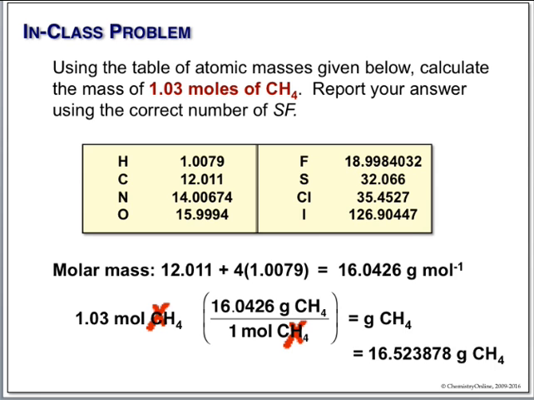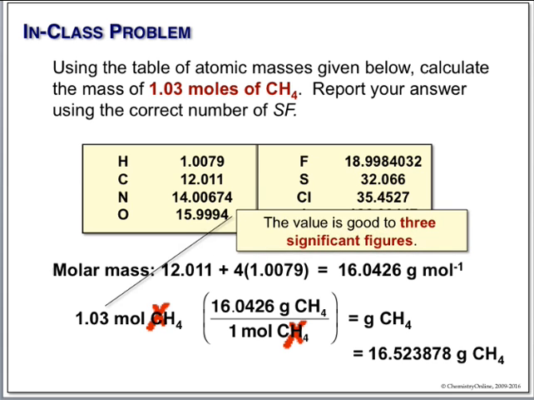But how many significant figures do we have? 3. So let's round this. It's going to round down to 16.5. Any questions?